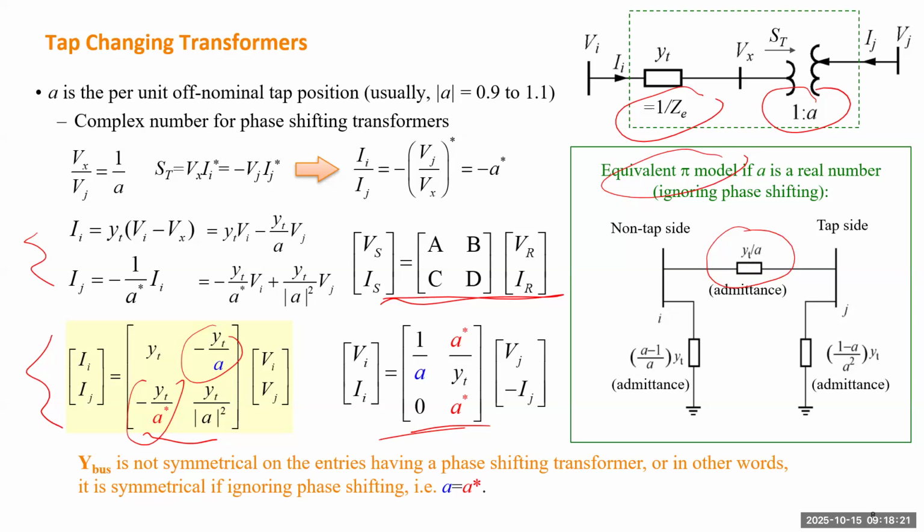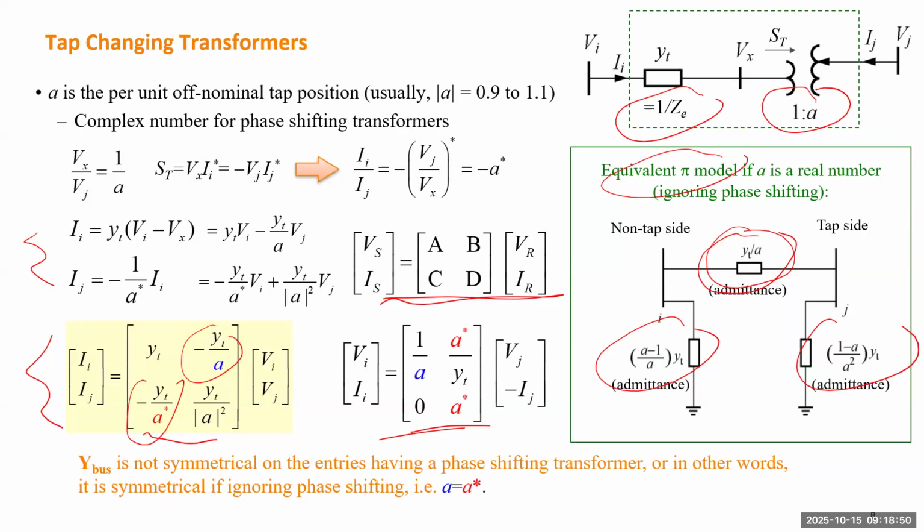The ratio is roughly 1, so this is pretty much the total admittance of your transformer. On both sides, you have 2 admittances to the ground, and they are not identical. So it's still in the pi structure, but slightly different from the transmission line pi model. Okay, so this is what we need to keep in mind.